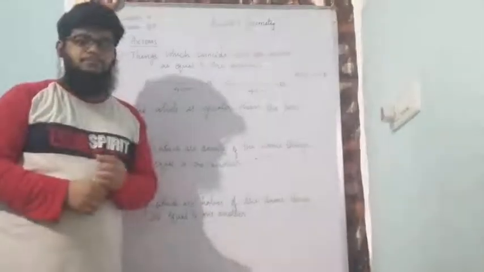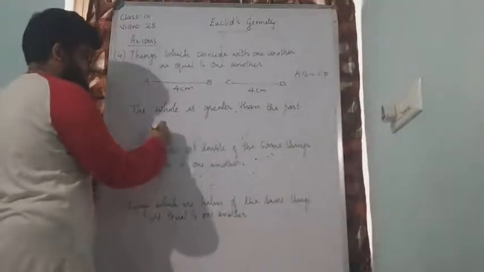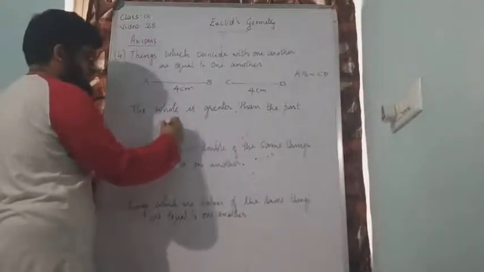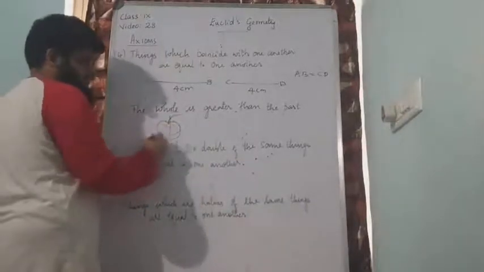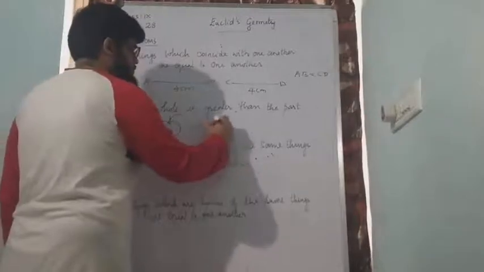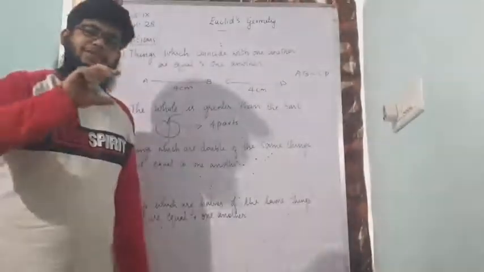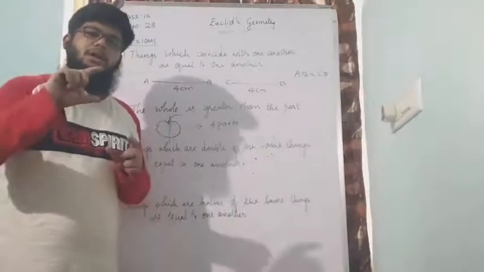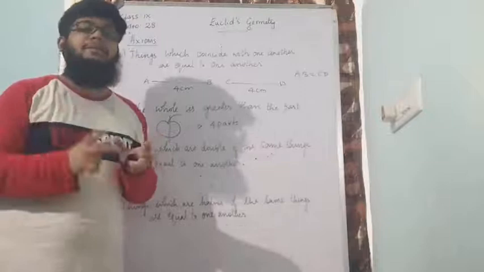Axiom number 5, the whole is greater than the part. Again, example, if I take an apple and if I cut this apple into 4 parts, usually we cut like that, and if I just take one piece, now one piece of apple would be greater or the whole apple will be greater?